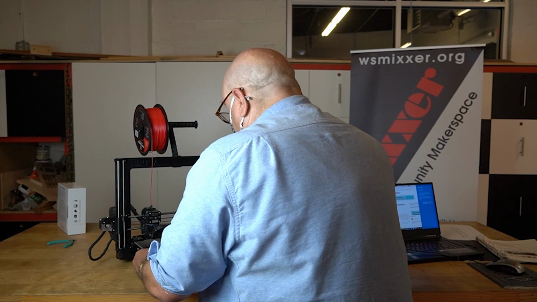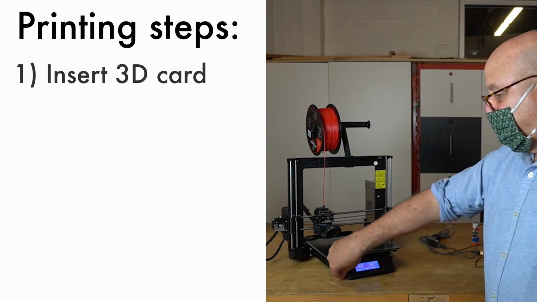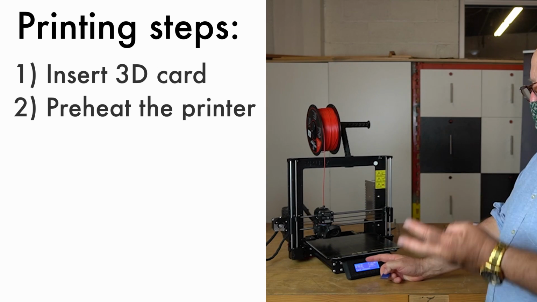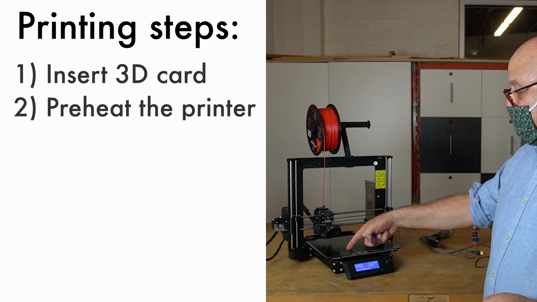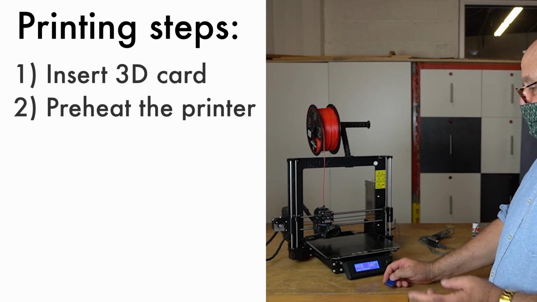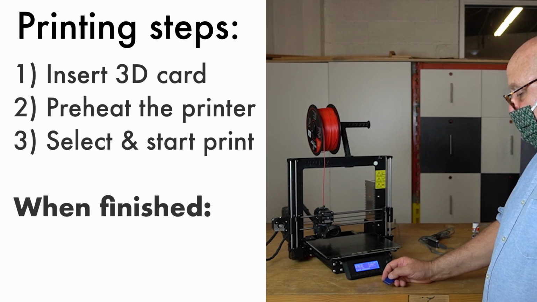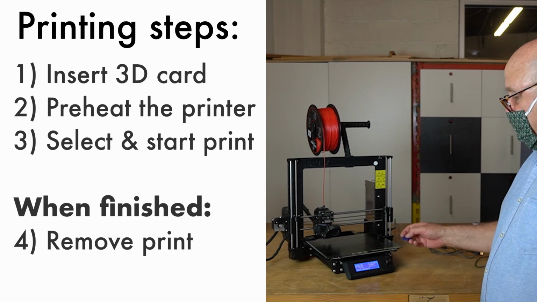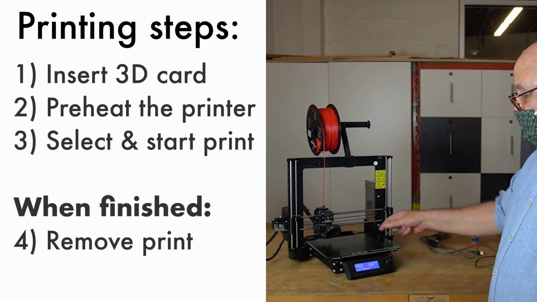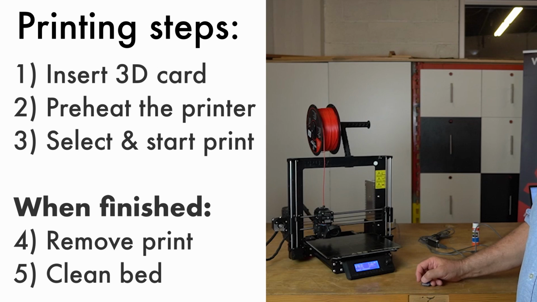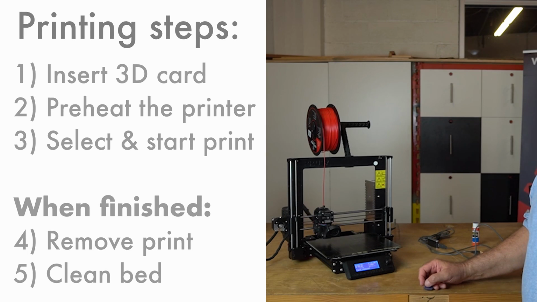That is the steps. You'll take your SD card, stick it in here. You'll warm up the bed and the heads. You'll select your print. You'll start your print. Once the print's finished, you'll just come in here and pop the object off the bed and clean your workspace, and you'll be all done.